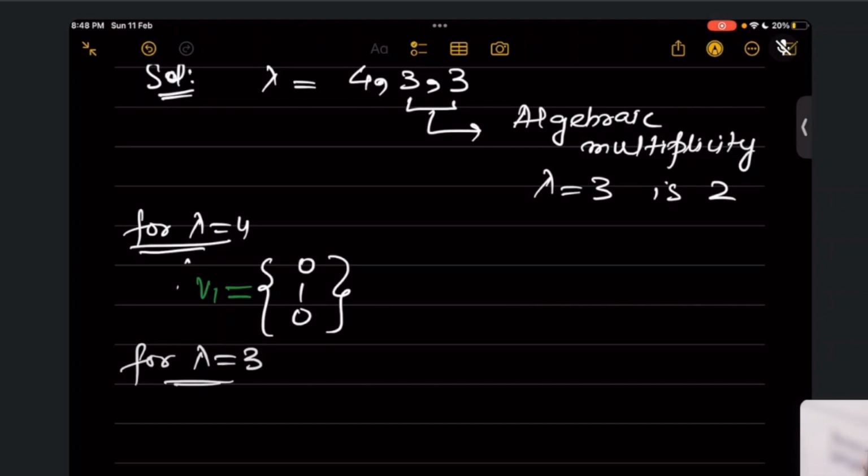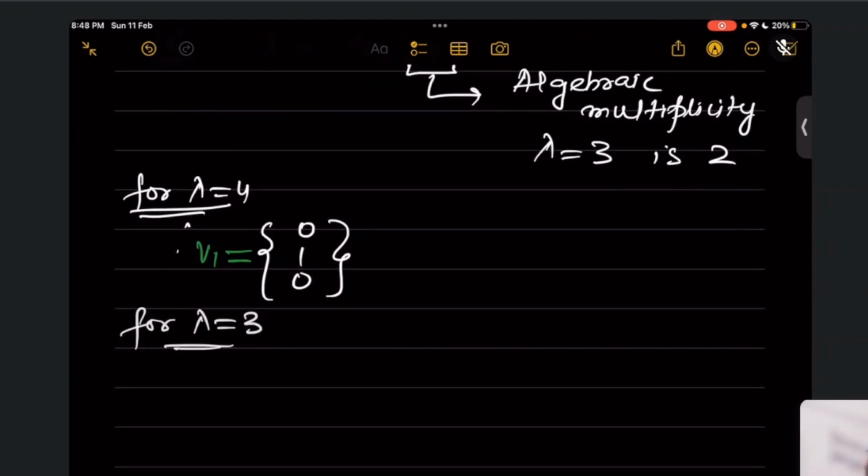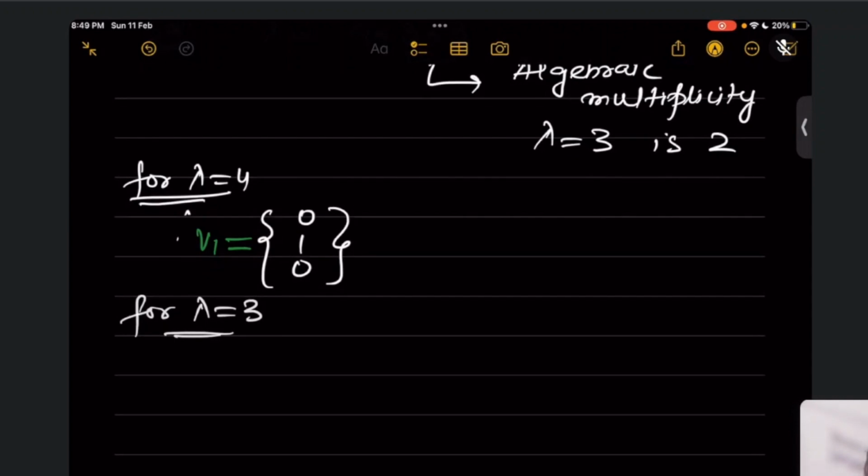Actually, after making A minus 4I equal to 0, only one equation you get is valid. First and third rows become 0. Then 3x1 minus x2 minus 9x3 for lambda equal to 3.